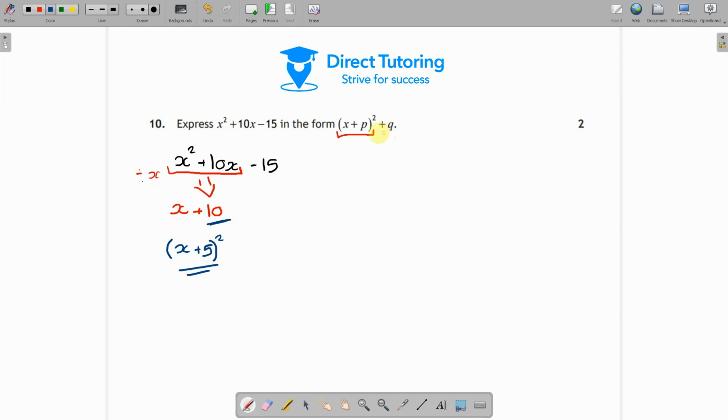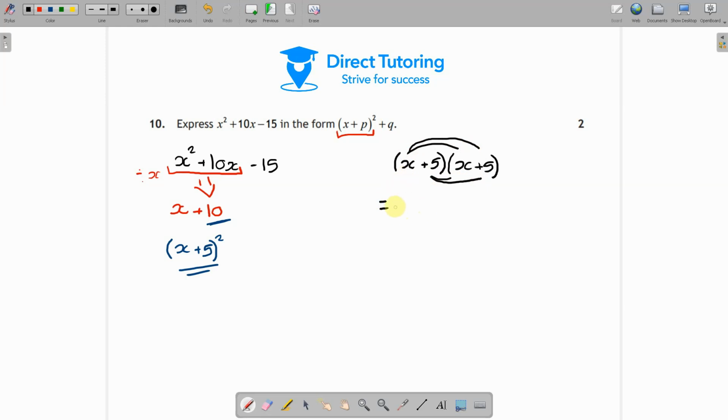Now, in order for us to find Q, we have to multiply this out and then compare it to what we were given. So over here we will do x plus 5 times x plus 5, and using FOIL, and we have subsequent videos on our channel that show you how to solve these kind of problems every step of the way.